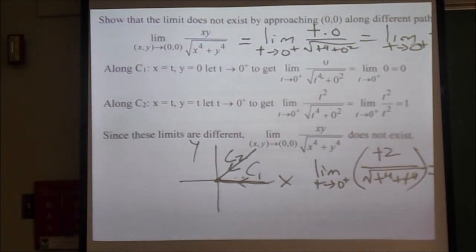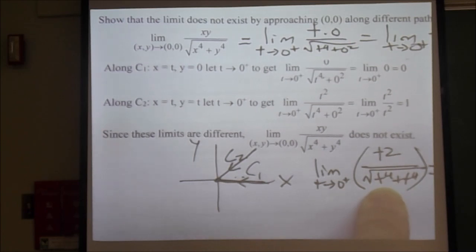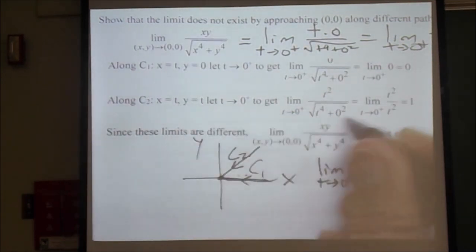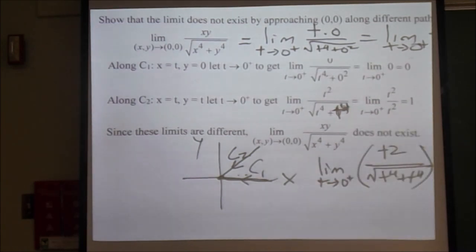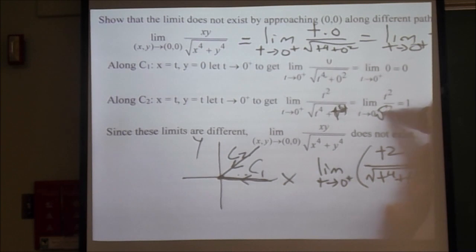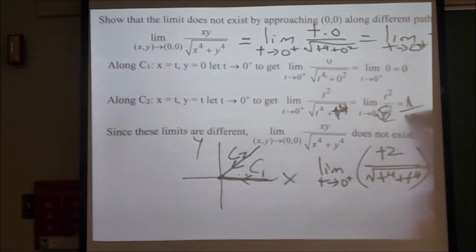Well, let's see, that's the limit as t goes to 0 from the right of t squared over square root of 2 times t squared. The t squareds cancel, and I get 1 over square root 2. Let's see, this isn't right the way I've got it written up. This should have been t to the 4th, and this is square root 2 t squared. And so the limit is 1 over square root 2.